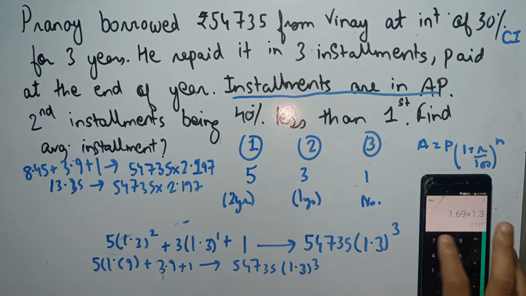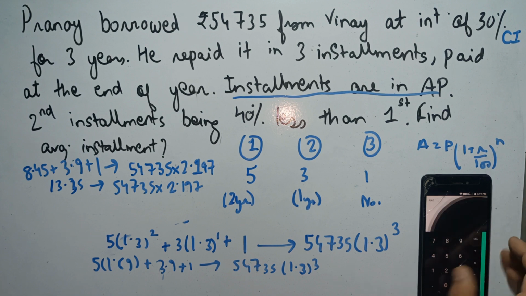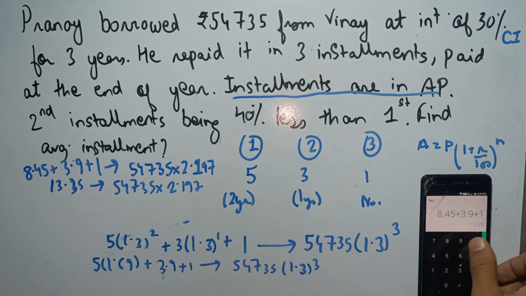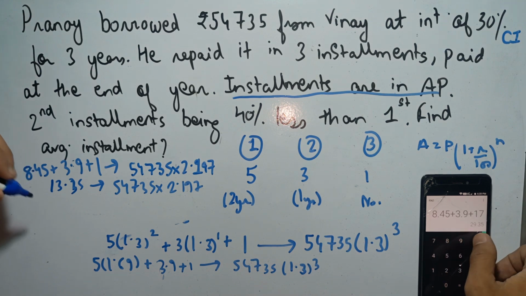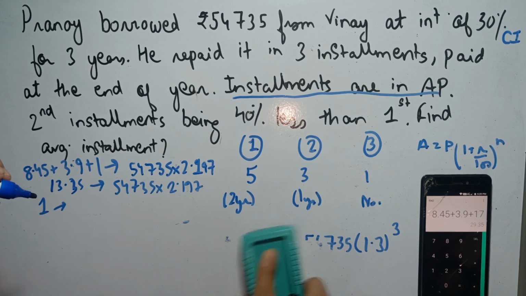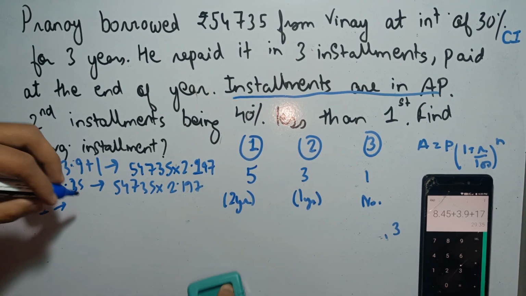Let's check it once. 8.45 plus 3.9 plus 1 is 13.35. We need to get the value of 1 from here. What is the value of 1?